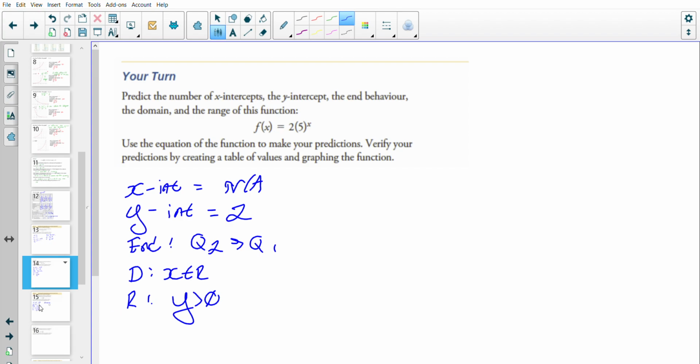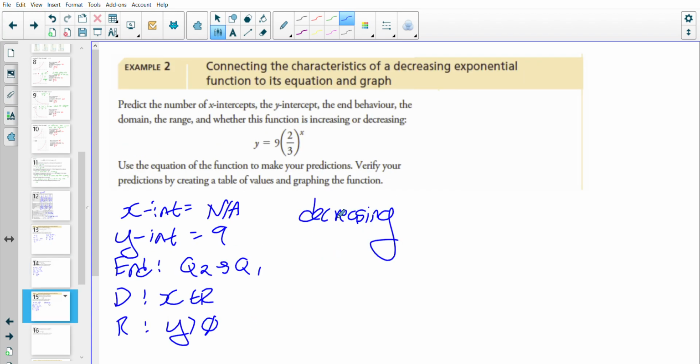It did not. So the function is decreasing, and that's because our b value is less than 1. Have a look at that in Desmos. Once you've taken a look at that graph in Desmos and converted the function to a table, click continue and move on to the next example.